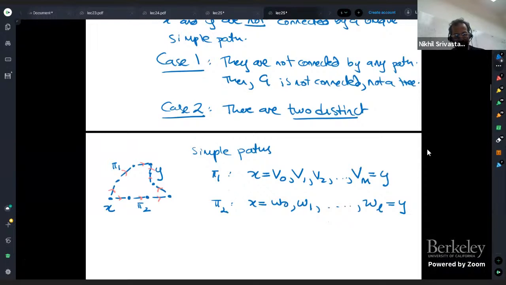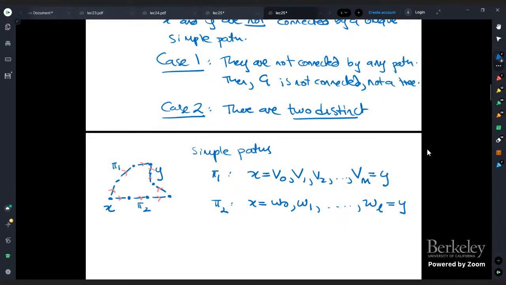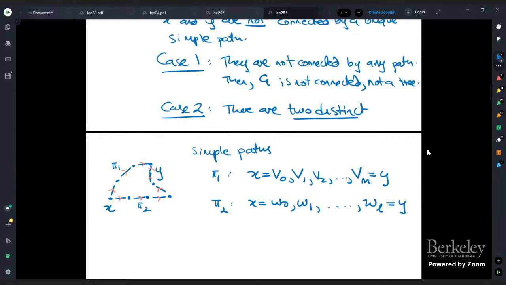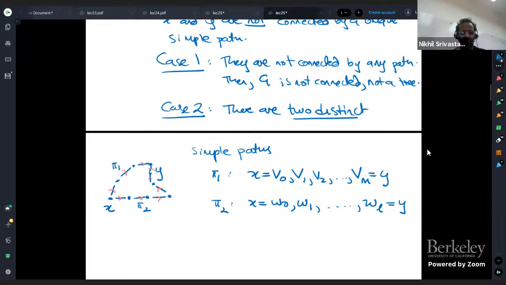Okay. Now, what looks wrong with this picture? There's a cycle. Okay, what's the cycle? It starts at x, goes say along pi1, and then goes to y, and then along pi2, and goes back to x. Yeah, so it goes backwards along pi2, right?